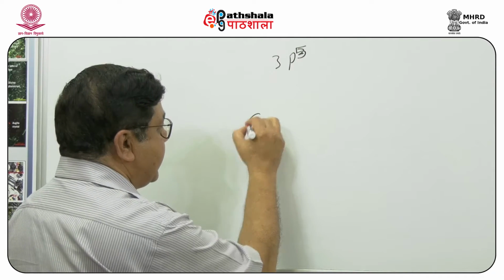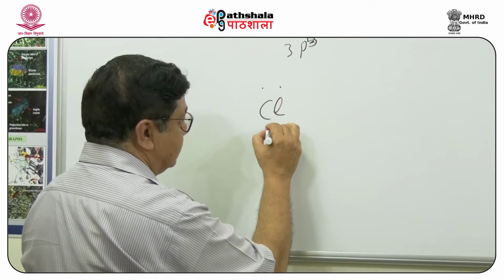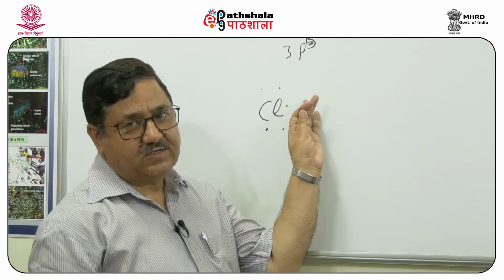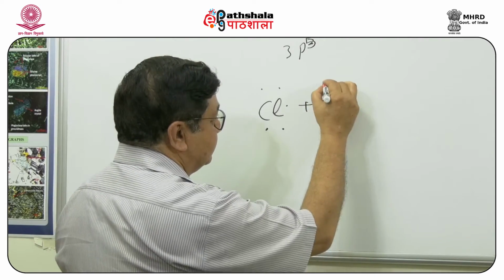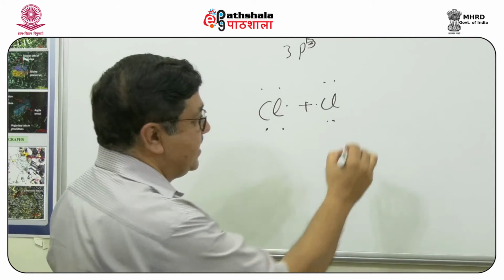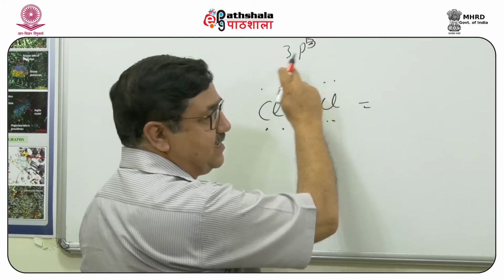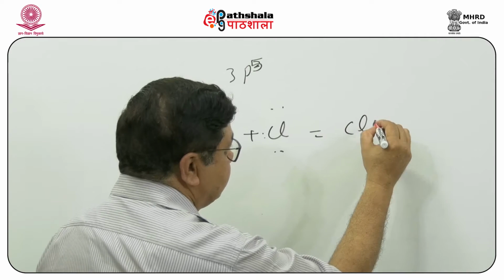Now, if we combine 2 chlorine, and this electron is shared, then the p subshell will behave in this manner.